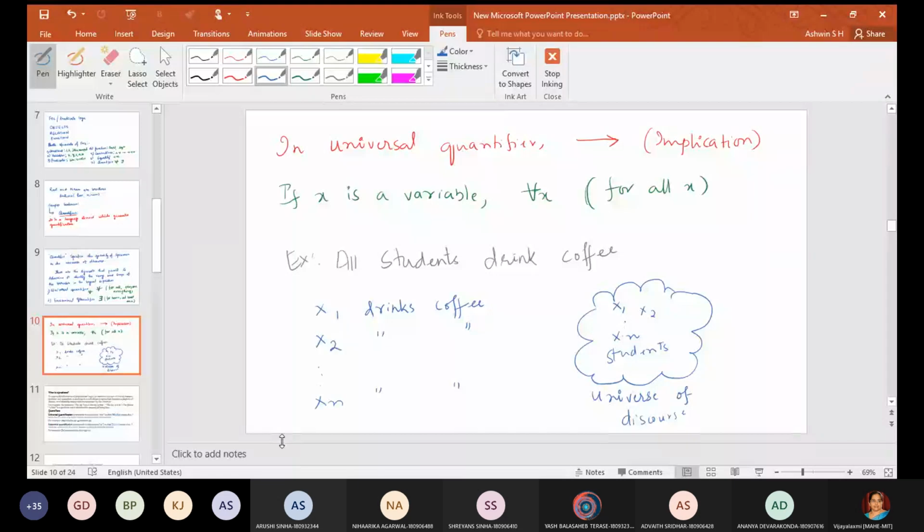So how do we represent it? We represent it in this way. For all, there are students, I'll represent right here.